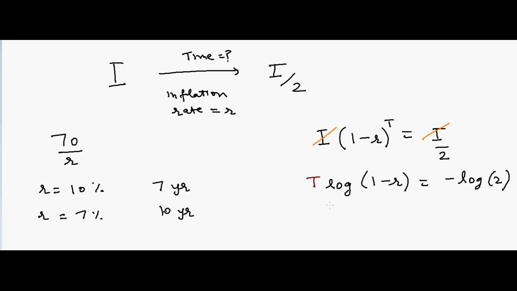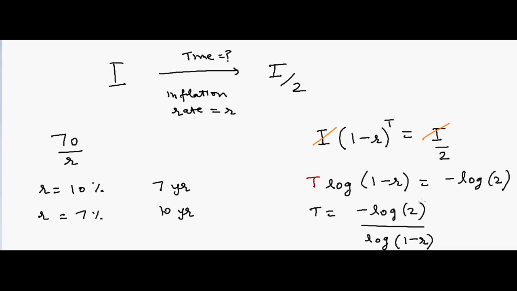So in that case, T will be equal to minus log of 2 divided by log of 1 minus R, right? So instead of doing this complicated calculation, we can use this trick, but let's do this complicated calculation in Excel and see how this trick was made.